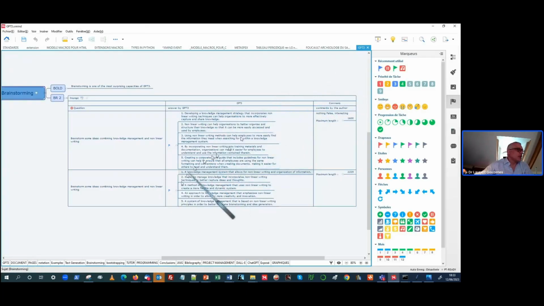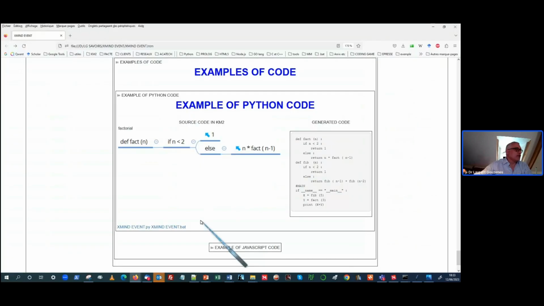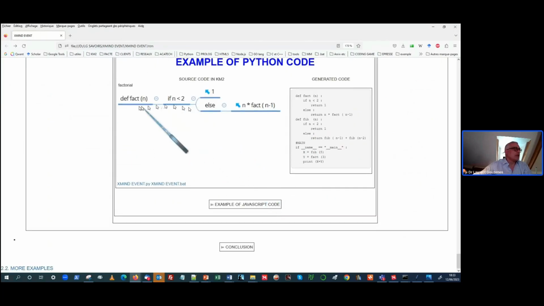This is the part of GPT-3 I've just shown you earlier, and the text here was in the HTML file we just saw before. Also, there is a possibility to generate code, and I use Xmind to generate code. For example, here you see some code in KM2, which is a factorial function, and the code here is generated here.